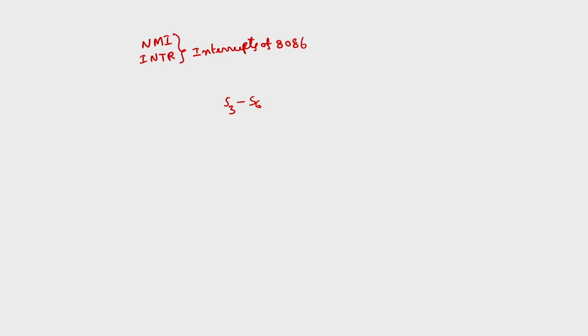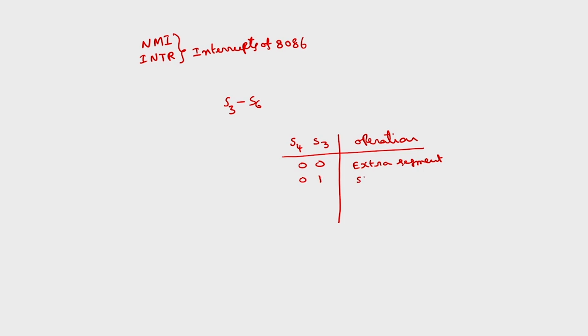For S4 and S3, if they are 0 0, then this is the extra segment; to access the extra segment, these two status signals should be 0 0. 0 1 is for the stack segment, and 1 0 is for the code segment or no segment.